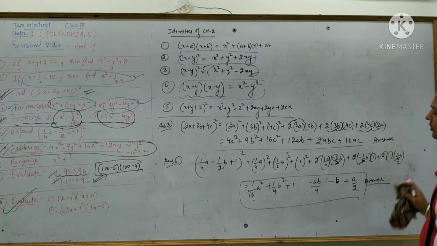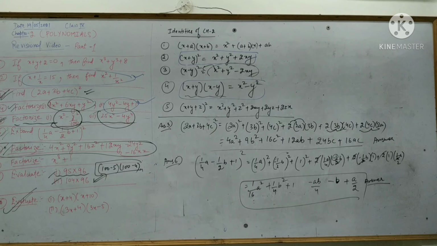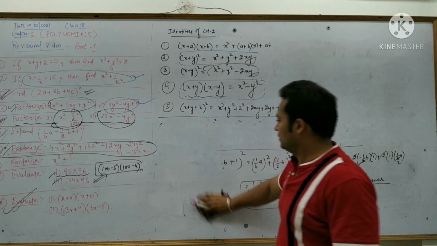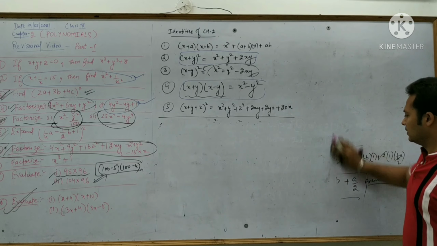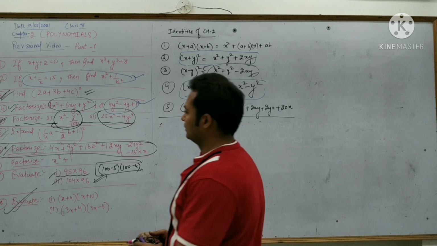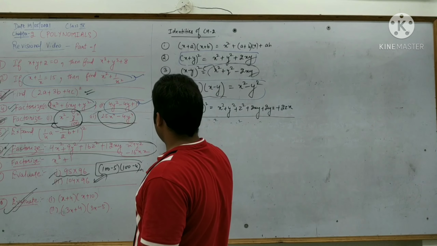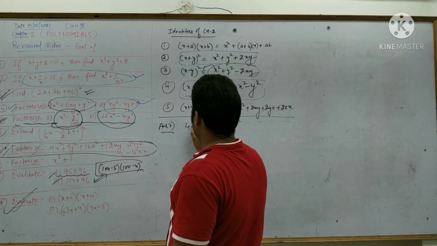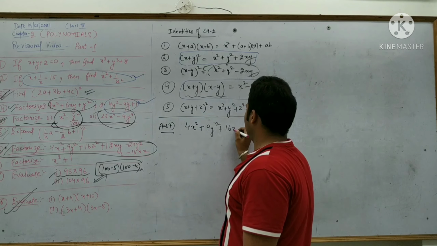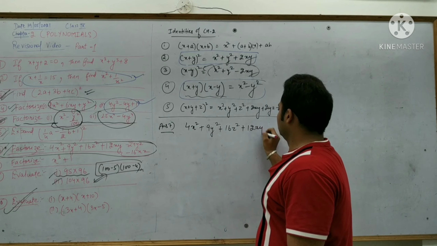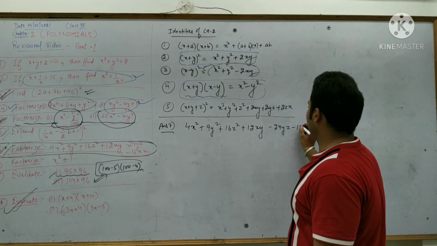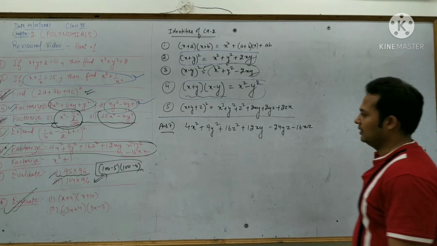Now let us do the reverse of this identity with the help of question number 7. See question number 7. We are to factorize this. 4x square plus 9y square plus 16z square plus 12xy minus 24yz minus 16xz it is.